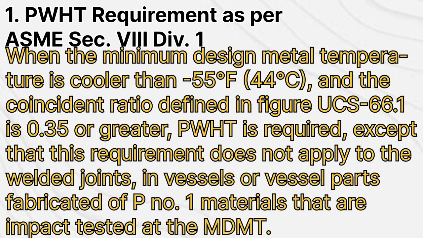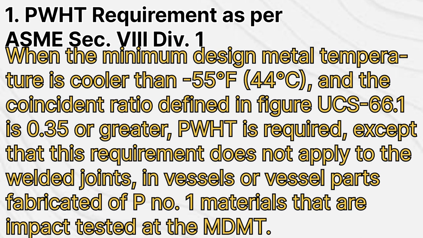When pressure parts of two different P number groups are joined by welding, the post-weld heat treatment shall be that of the material requiring the higher post-weld temperature. When non-pressure parts are welded to pressure parts, the post-weld heat treatment temperature of the pressure parts shall control.